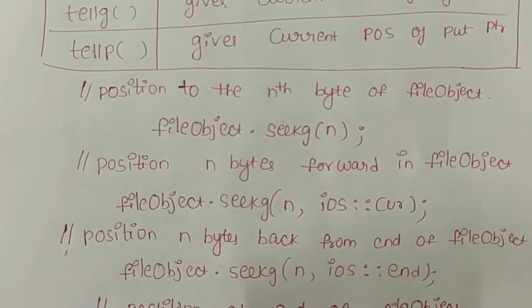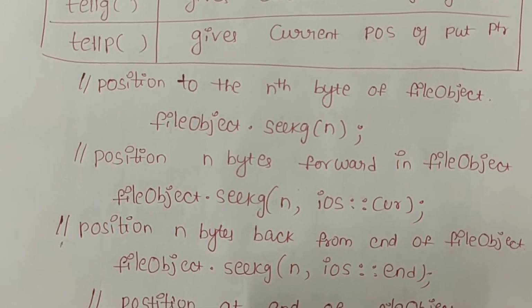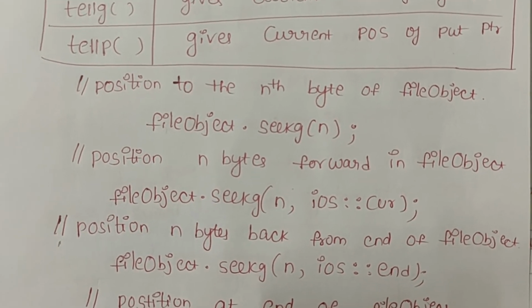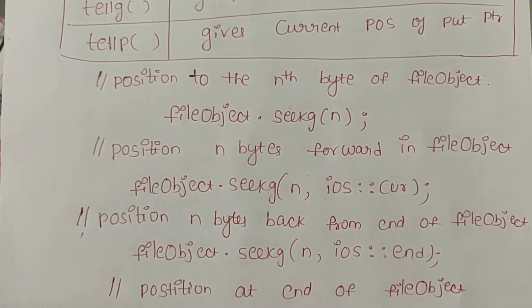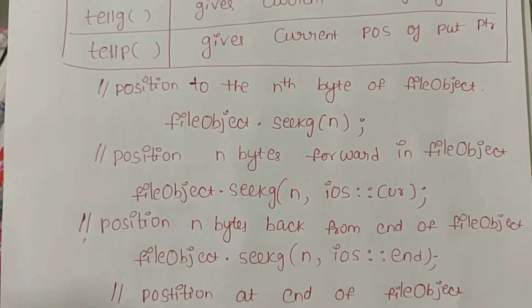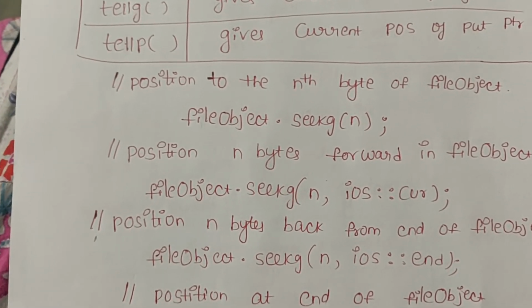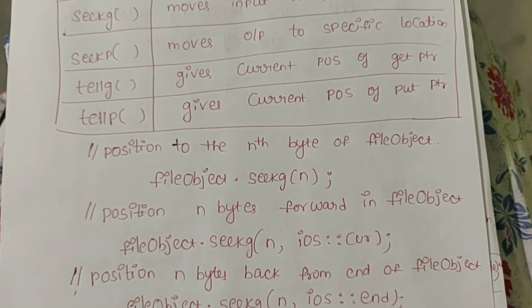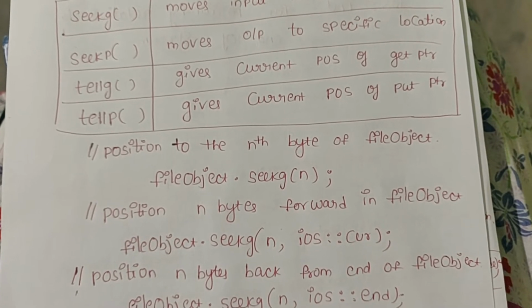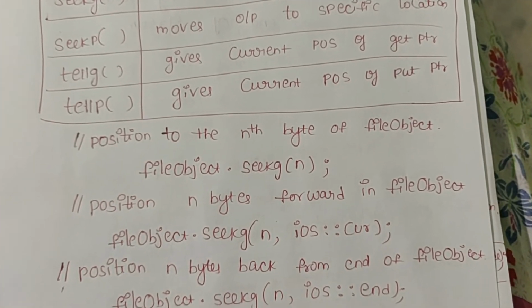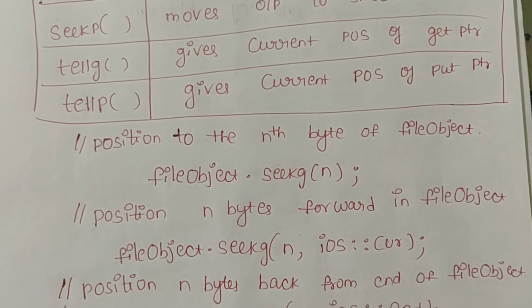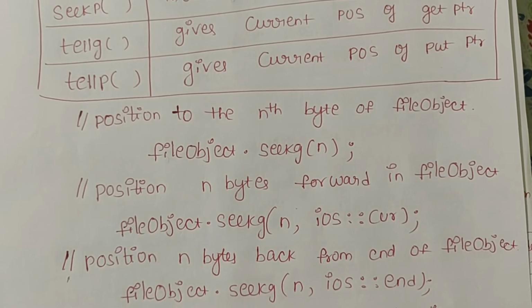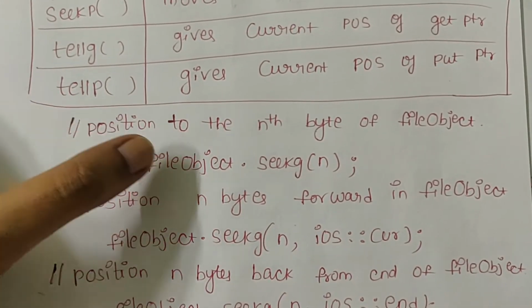Now see, position of the nth byte of the file object. Here file object is like a class. It is a class. In this file object we have different methods like seekg, seekp, tellg, tellp. These are all the functions of the class file object. To know the position of the nth byte of the file object, we take seekg.